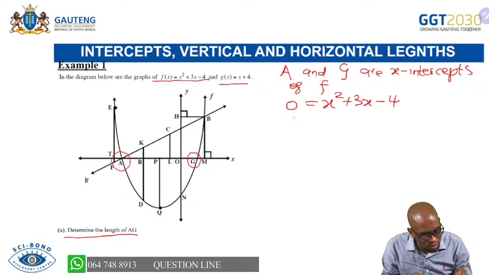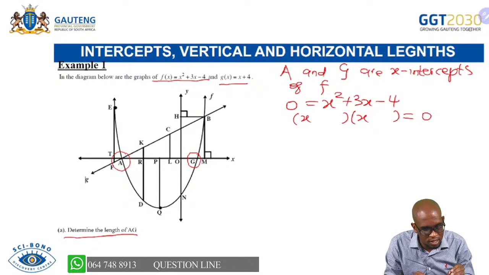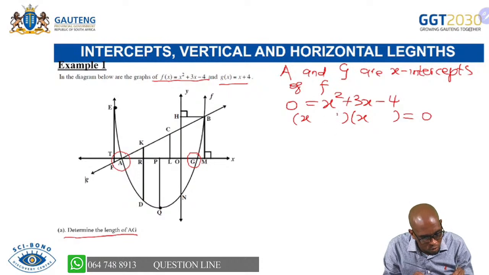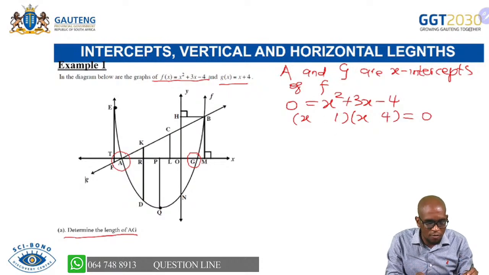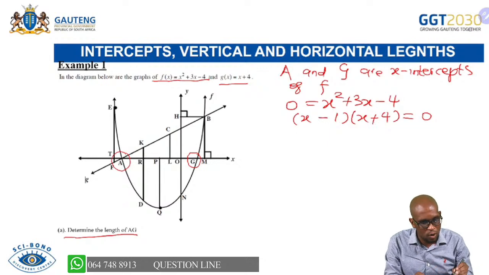The factors of 4 are 2 and 2 as well as 1 and 4, and in this case we are interested in 1 and 4. In order for us to get a middle term that is positive, the bigger number should be positive. So we'd have x plus 4, x minus 1.